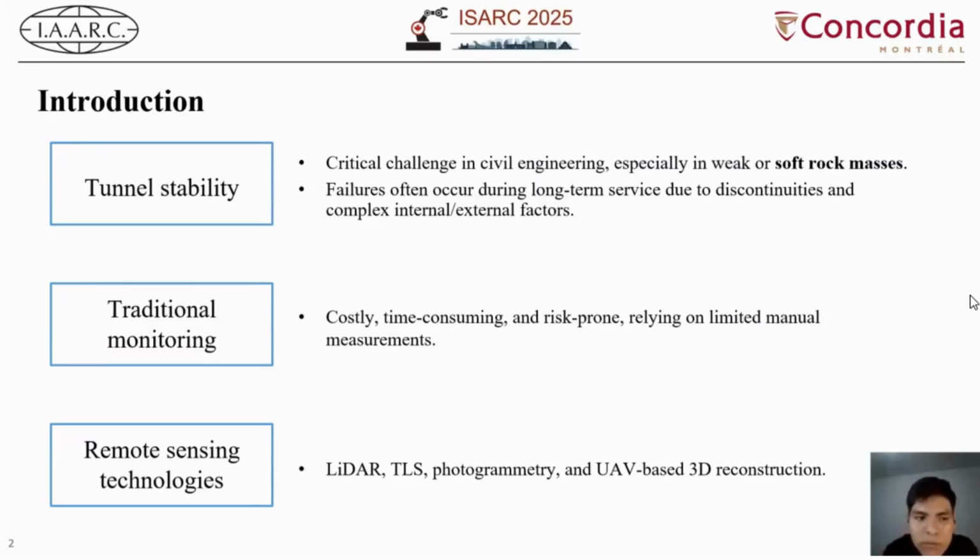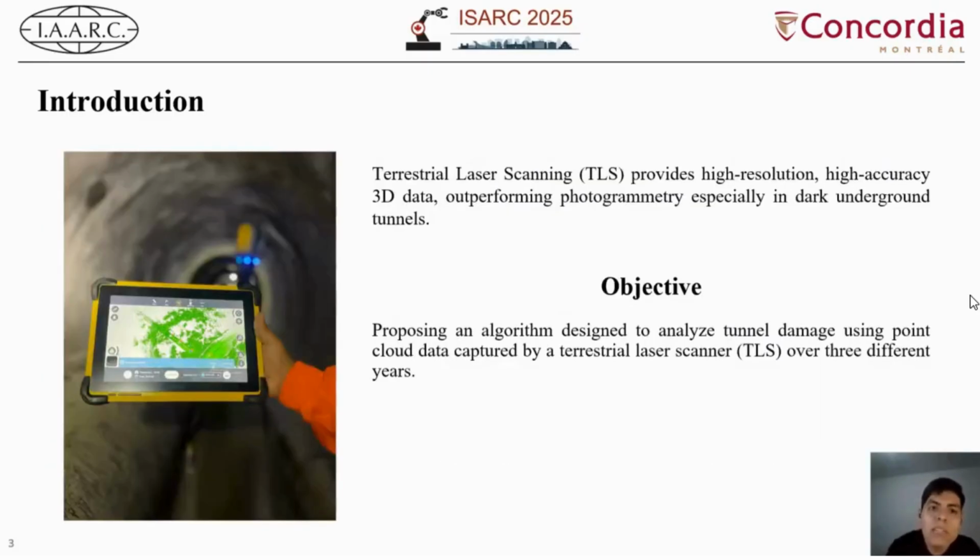The other keyword is remote sensing technologies, and we all know what LiDAR, TLS, and photogrammetry are. In this case, we use TLS because we try to get the information of the project in terms of point cloud. As you see on the left image, we use Trimble devices.